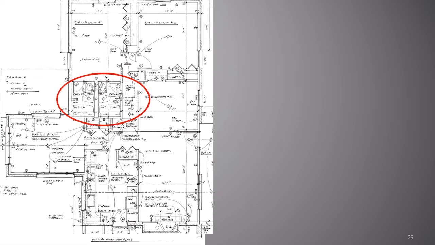In this particular case, they maintained the 2x10 joists, but by moving them closer together, each joist doesn't have to support as much weight. Therefore, overall, it can support a greater weight.